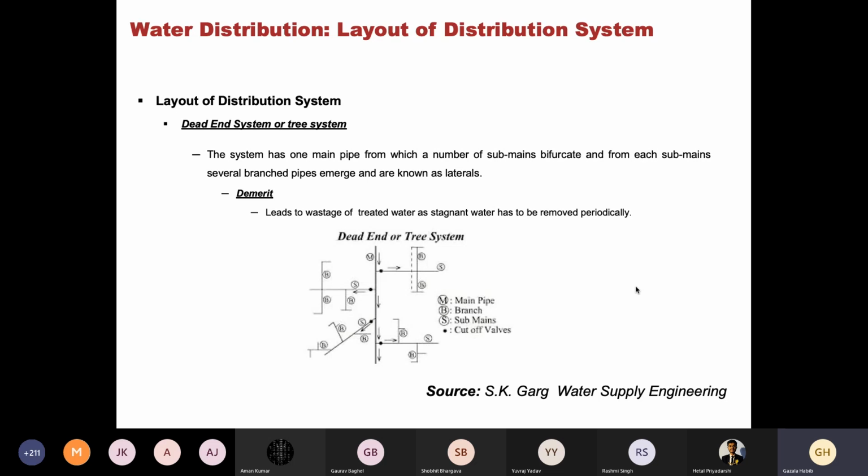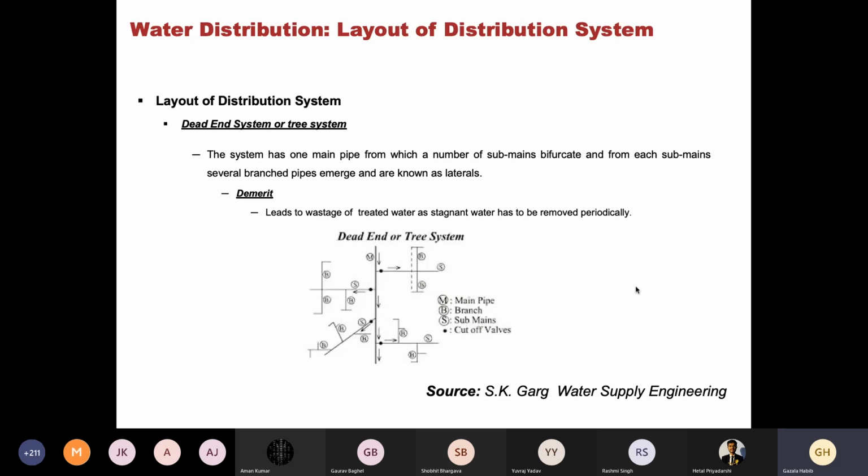So one is dead end system. The system has one main pipe from which a number of sub mains bifurcate, and from each sub main several branched pipes emerge and are known as laterals.